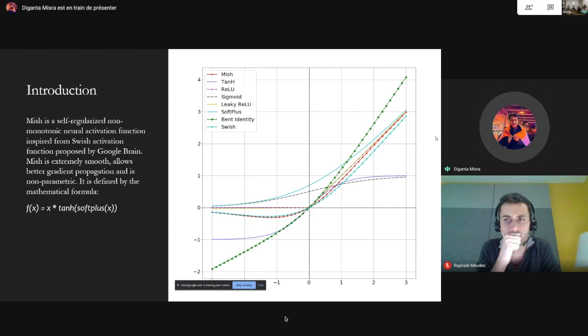I found some properties of Swish that were very favorable in any given activation function, and that's where I started to try to come up with a new activation function which had those properties but actually improved the performance.